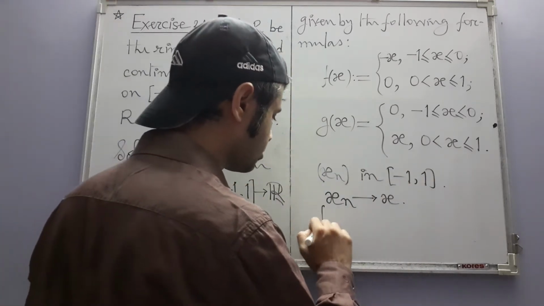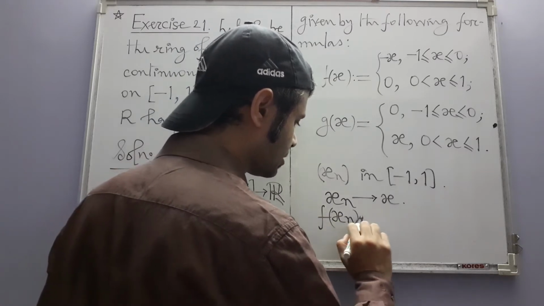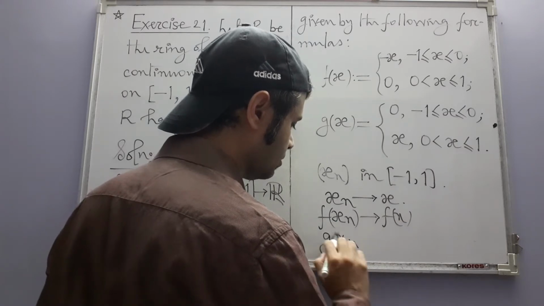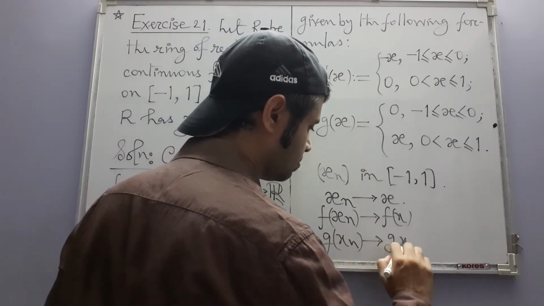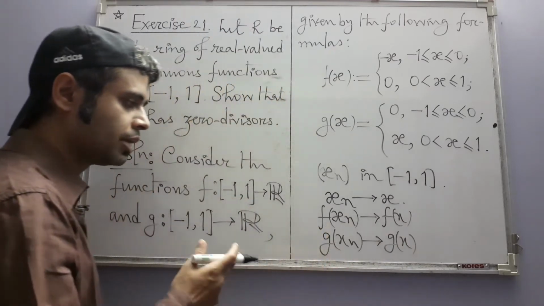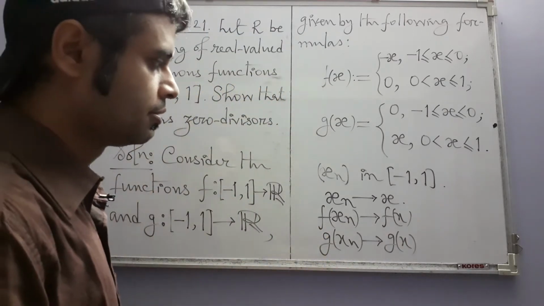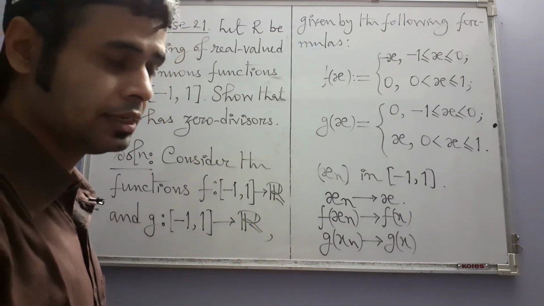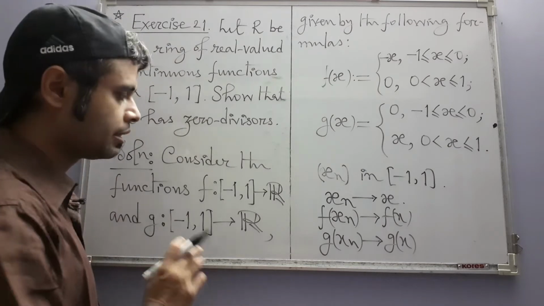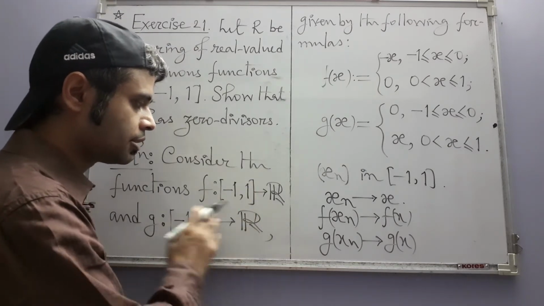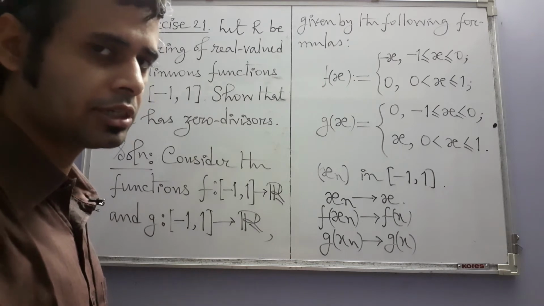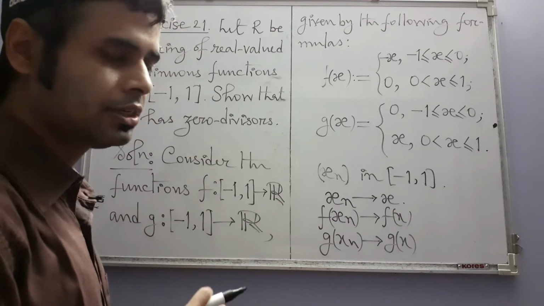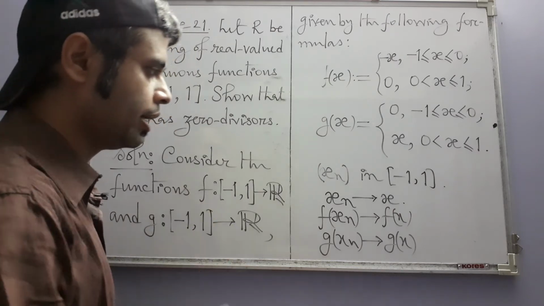If you then manage to show that f of xn converges to f of x, and also g of xn converges to g of x, then that will prove that f and g are continuous. So which one of these you find easier is up to you, whether you use the epsilon delta definition or limit definition of continuity, or the sequential formulation of continuity. But I'm not going to do that.